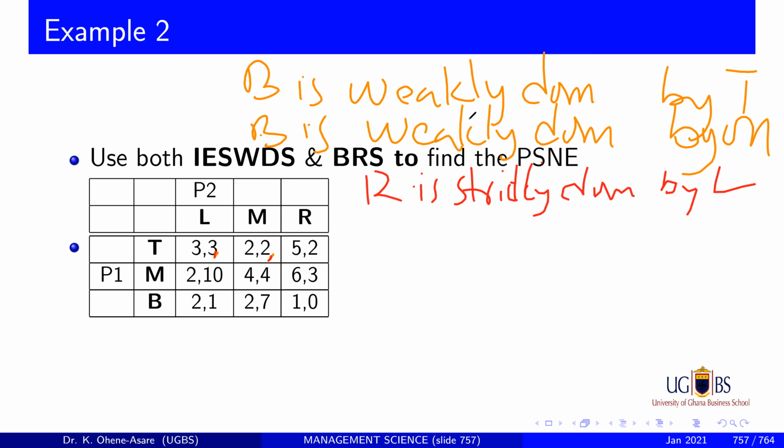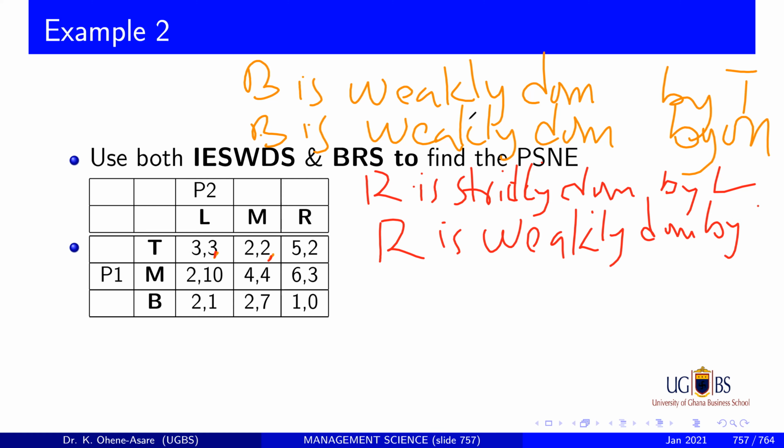So in this case, R is weakly dominated by M. So now that we know this, we can cancel B. When you look at B, B can go because B is weakly dominated if you're going by weak domination. And then when you go to R, R is strictly and weakly dominated, so R will go.